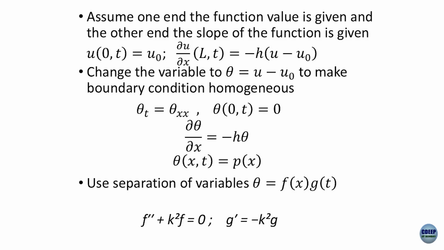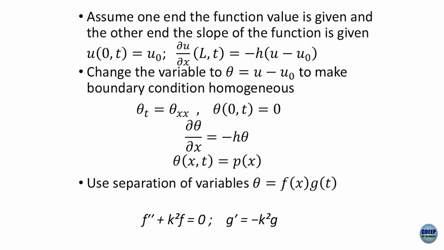The right hand side also has a u minus u0 for the sake of convenience, and we'll relax these things as we go along. But as of now, let us just say that the u0 is the same on the left side and right side. And when we change the variable to u minus u0 equal to theta, we are ending up with a system which has got homogeneous boundary conditions.